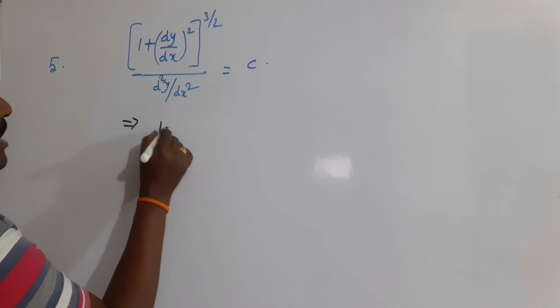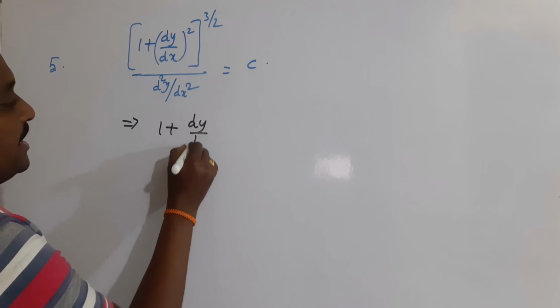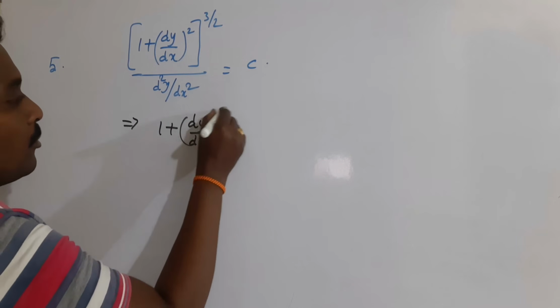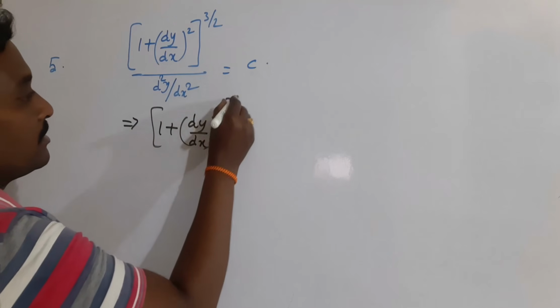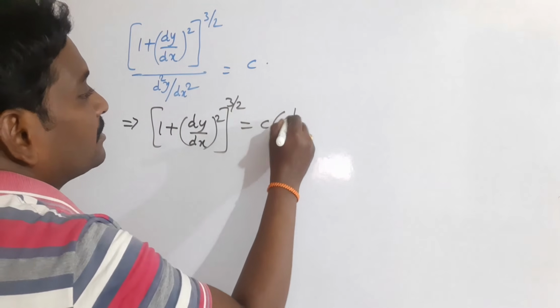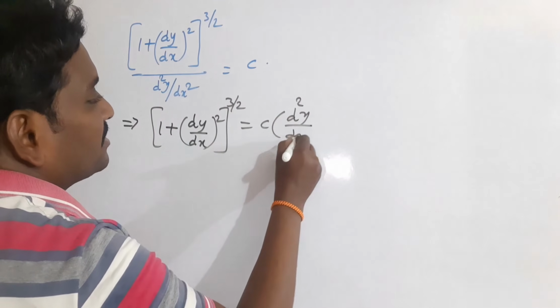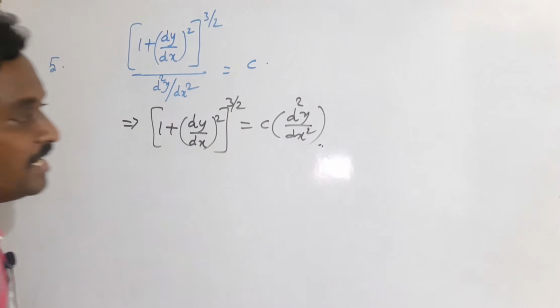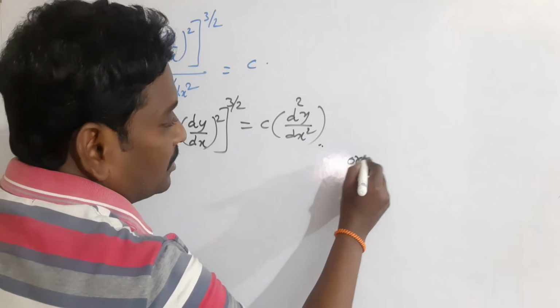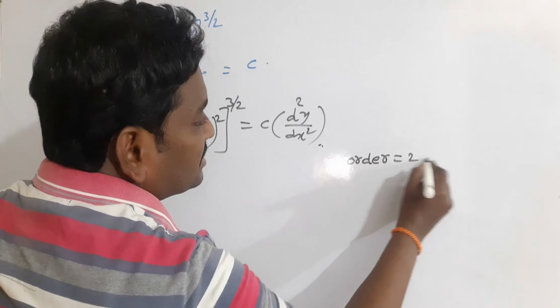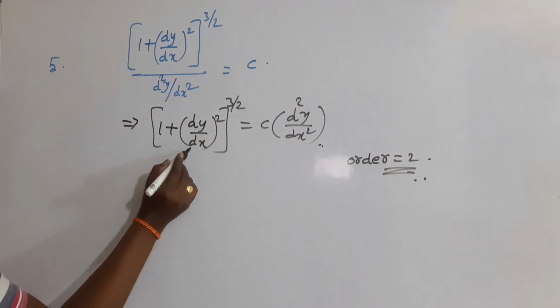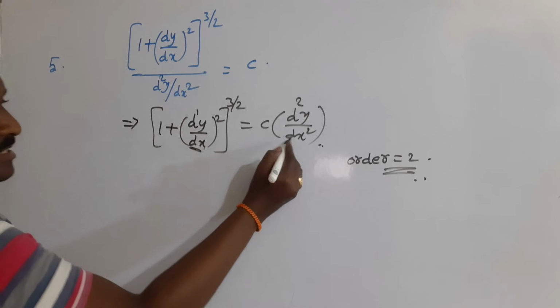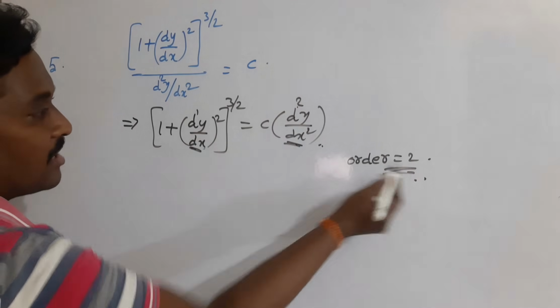It becomes 1 plus dy by dx whole square whole power 3 by 2 is equal to c times d square y by dx square. So with this step you can easily decide the order. Only the second order derivative is the highest derivative. That's why order is 2. This is the first order derivative and this is the second order derivative.